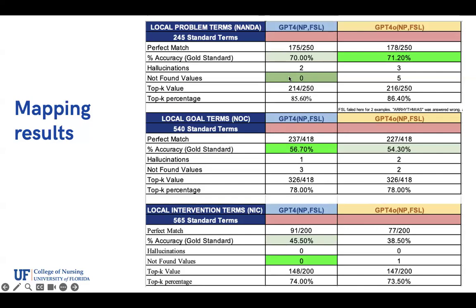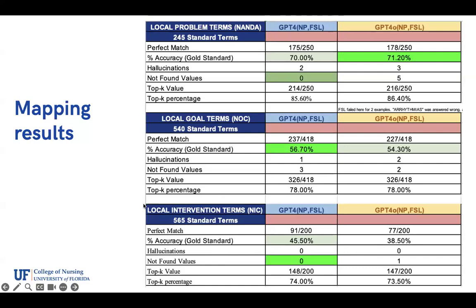When we think of the NANDAs, the large language models accurately mapped a local problem to a NANDA about 70% of the time when we use GPT-4, and 70.1% of the time when we use GPT-4o. When we think of the goals, GPT selected the right NOCs for the local terms about 56% of the time, and when we think of the interventions, it was only about 45% of the time.